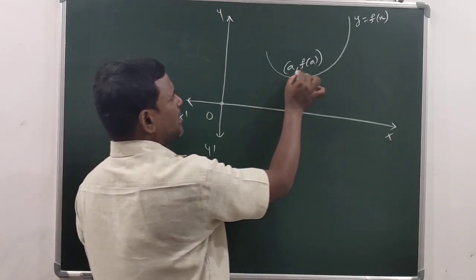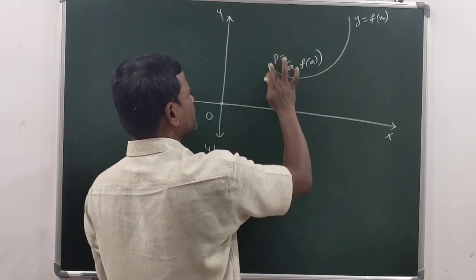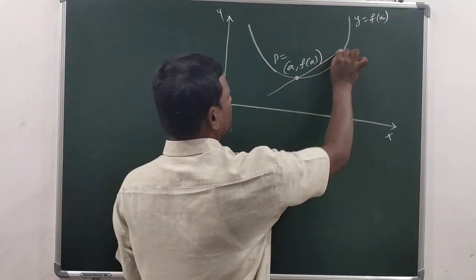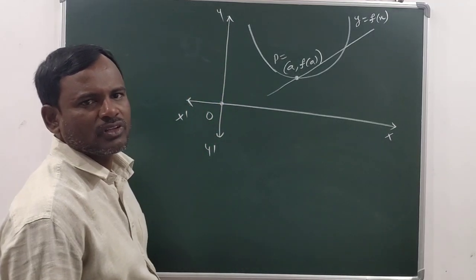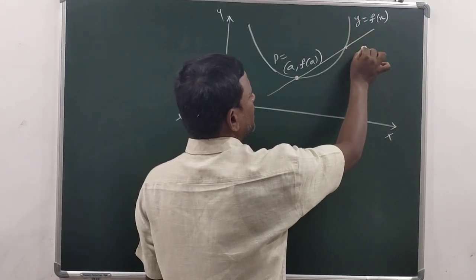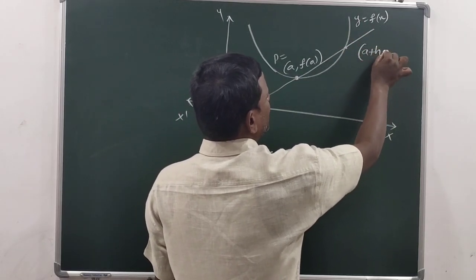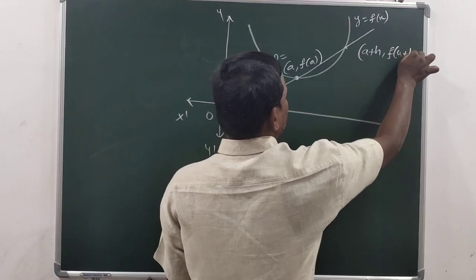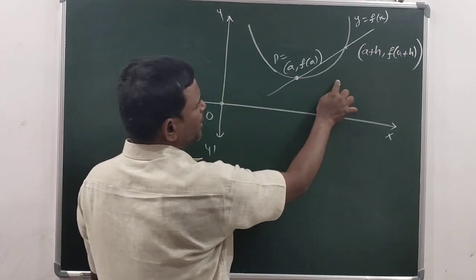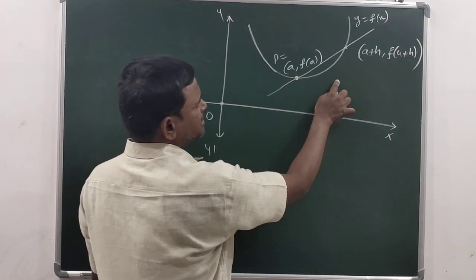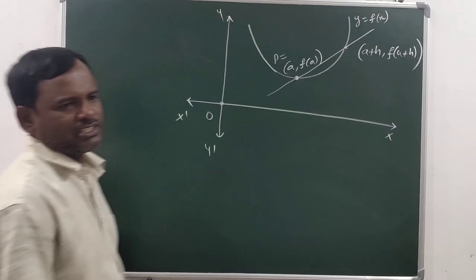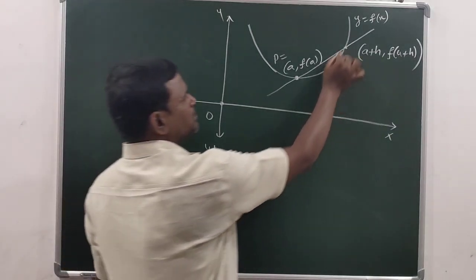So here, let us name this point as P. Now at P, I would like to draw a secant. The secant is meeting the same curve at another point. Let us name this point's coordinates as a plus h, and the respective range is f of a plus h. So the distance from here to here is a, and from here to here is h. Then the coordinates of this point will be a plus h, and the respective y coordinate f of a plus h. So let us name this point as A.